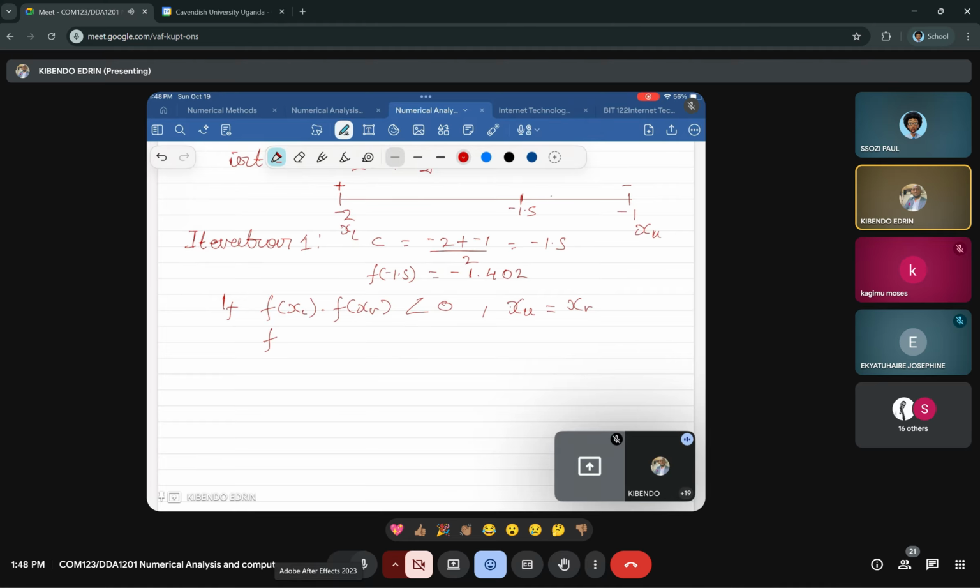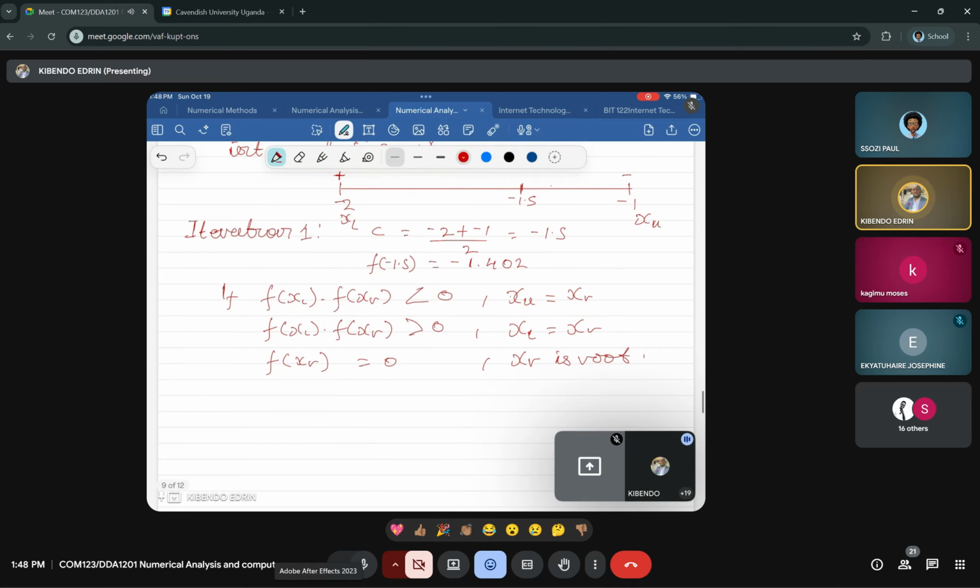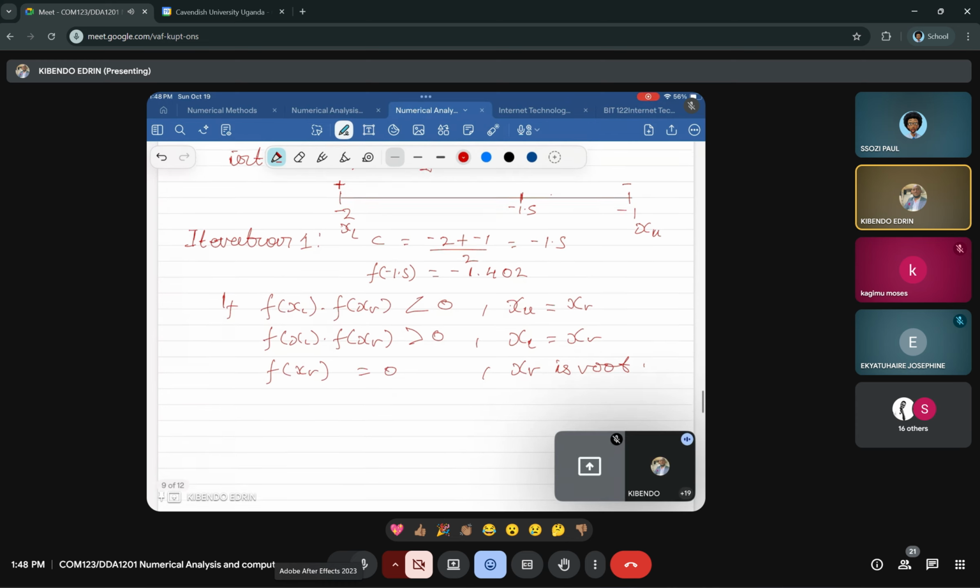And if it is greater than 0, then my xr becomes the lower bound. And if it is equal to 0, then actually xr is the root. So this doesn't confuse me much compared to drawing. That's why I don't want to make a mistake of putting any sign and all that stuff. I try to avoid it.